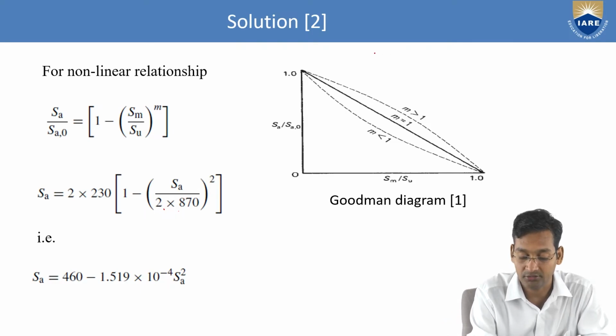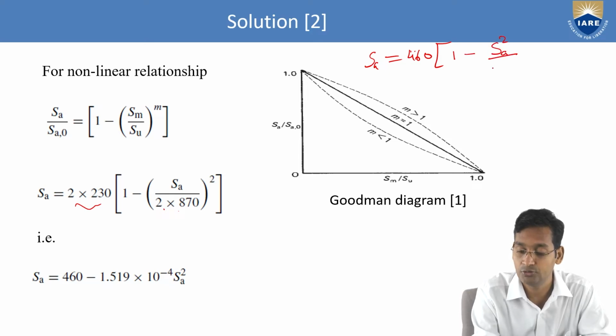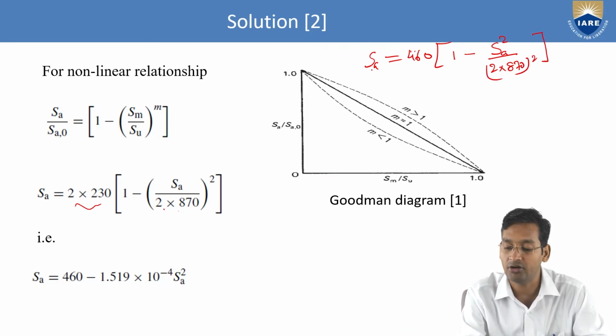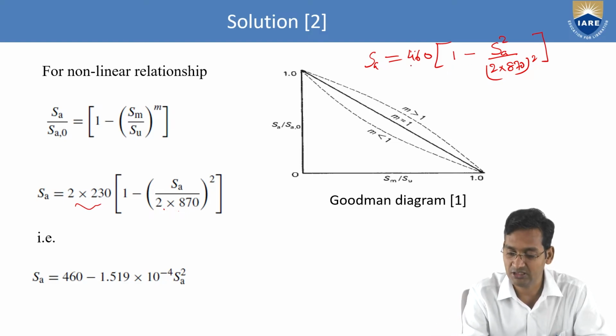So I'm writing this as SA equals, just multiplying these two, 460 times 1 minus SA square by 2 into 870 square, right? Just as I wrote separately. Now what we have to do: either first take the LCM and then multiply with this one, or multiply this, simplify, and then take the LCM. So let's do it.